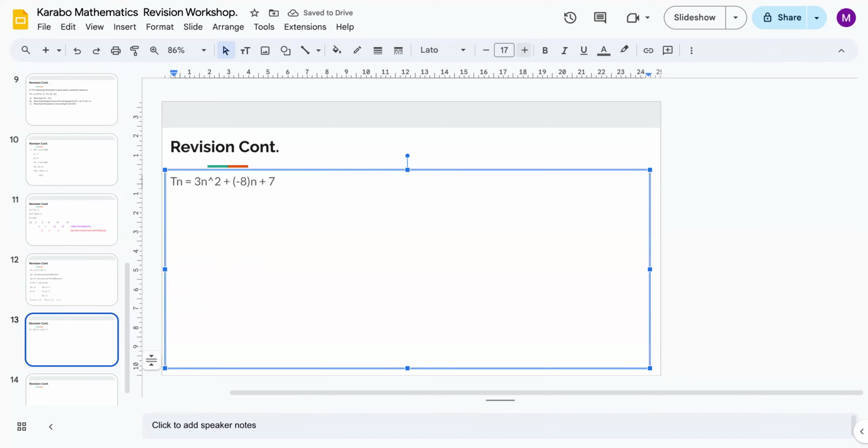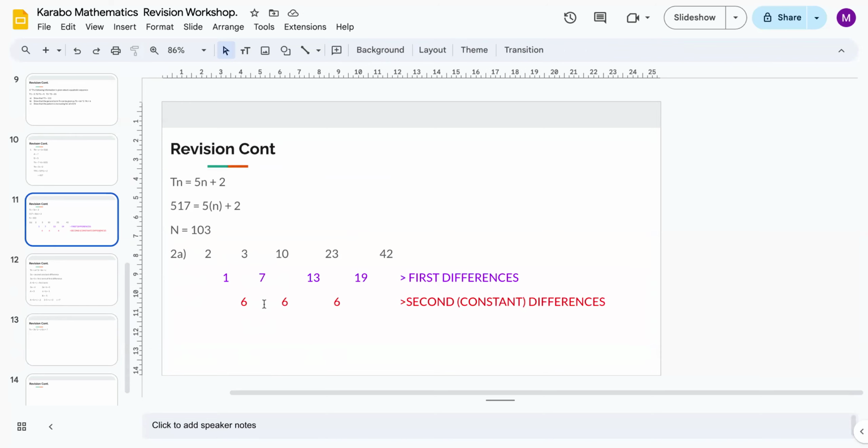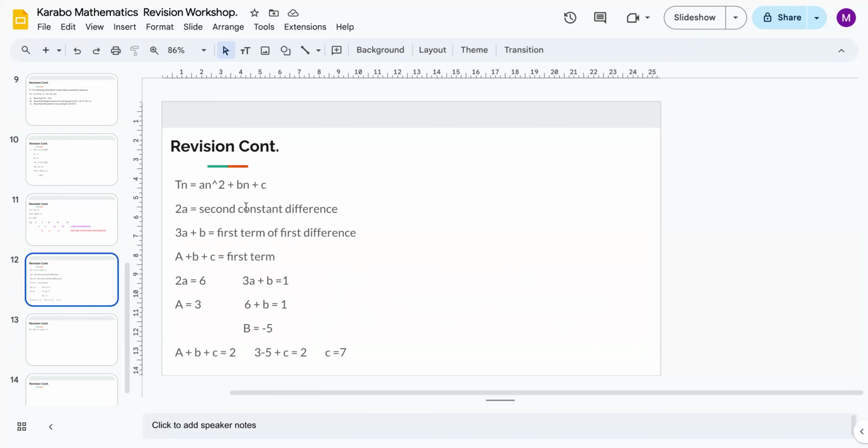All right, so that's how we derive the nth term, guys. So let's go through the steps that we've taken so far. First of all, we derive our first differences and our second constant differences. We then use our shortcut formula to get our coefficients for A, B, and C, and that then enables us to derive our nth general term.